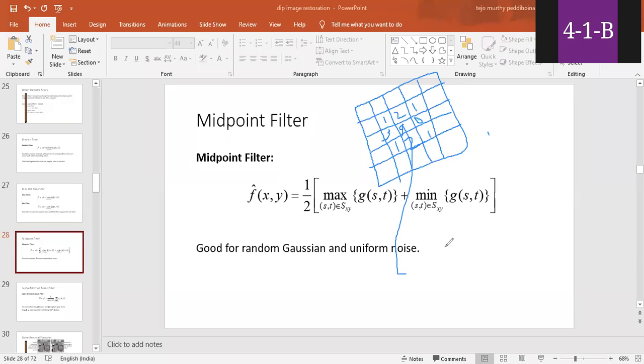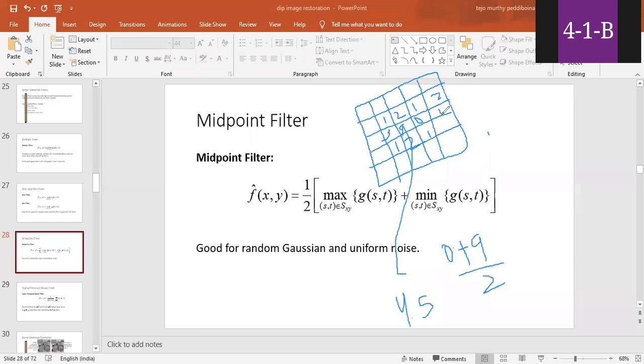Minimum is 0. Out of that, what is maximum? Maximum is 9. So you take the average of minimum and maximum. That is 0 plus 9 by 2, that is 4.5. Now the 9 is replaced by 4.5.